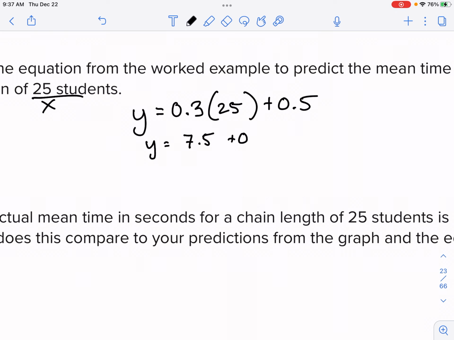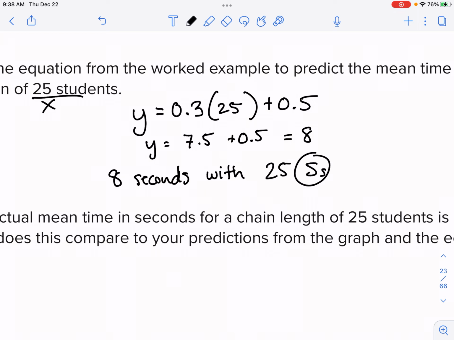And then we have this 0.5 still. If you add that all together, that is equal to 8. So what that means, it takes 8 seconds to pass a book or squeeze a wrist with 25 students.